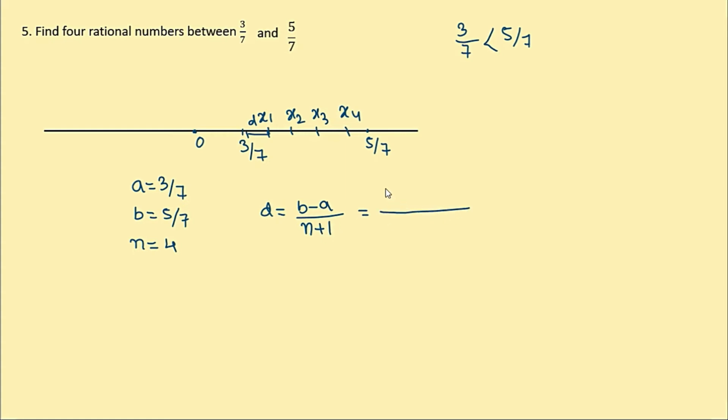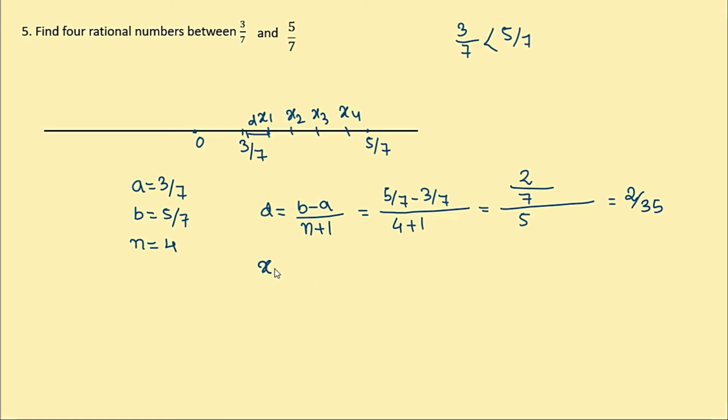Okay, so B is 5 by 7, A is minus 3 by 7, 4 plus 1. So this is 7, this is 2, this is 5. So you are getting this is 2 by 35. Okay, now the rest things are easy, very easy.